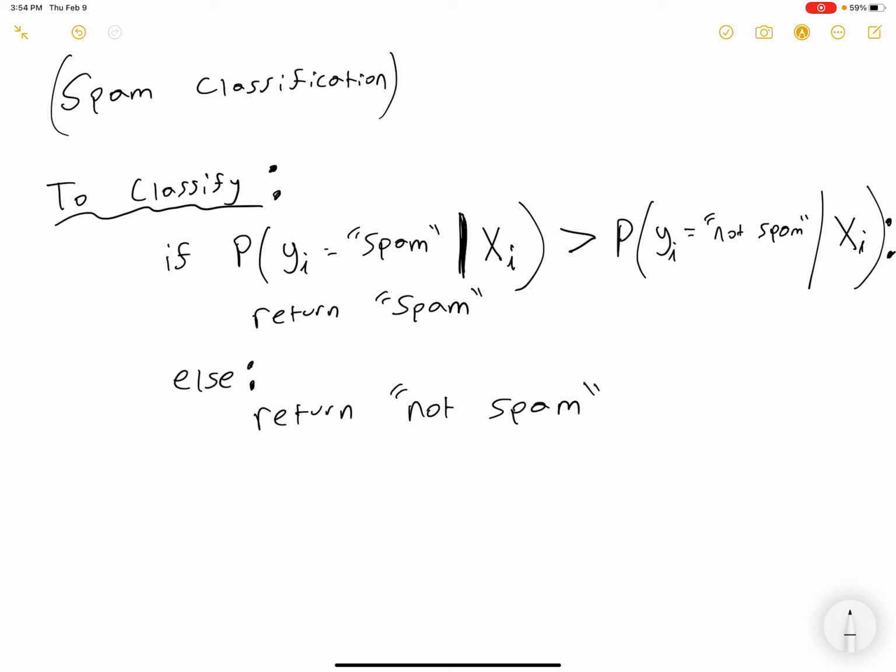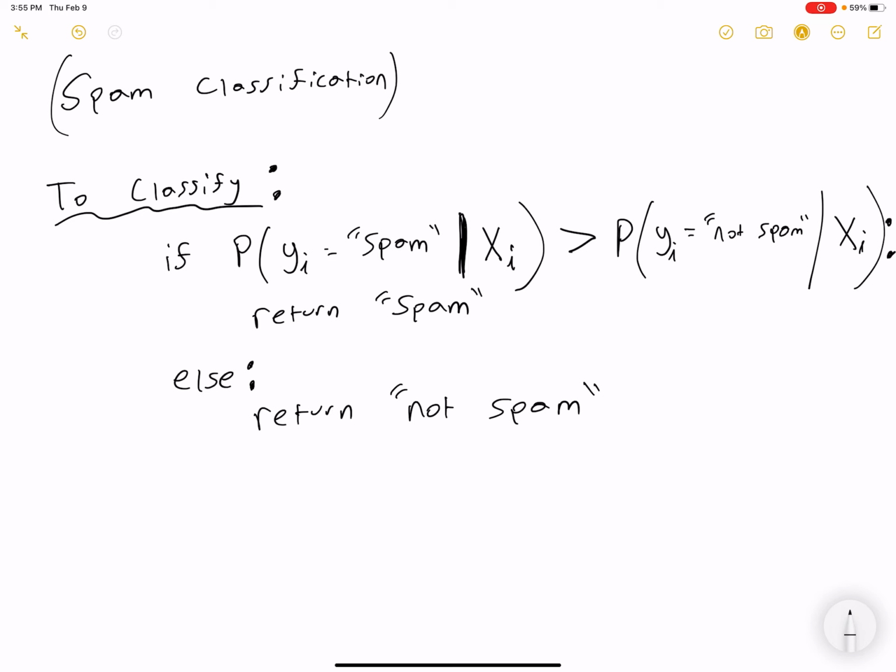So you said that if y equals spam, it's more likely to be spam than not spam. But do those probabilities, spam and not spam, add up to 1? Because the probability of it being spam plus the probability of it being not spam have to be 1. Is that true?